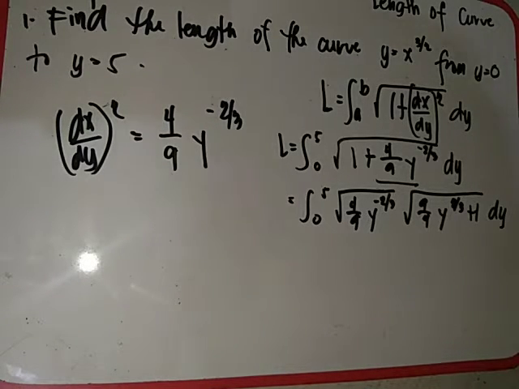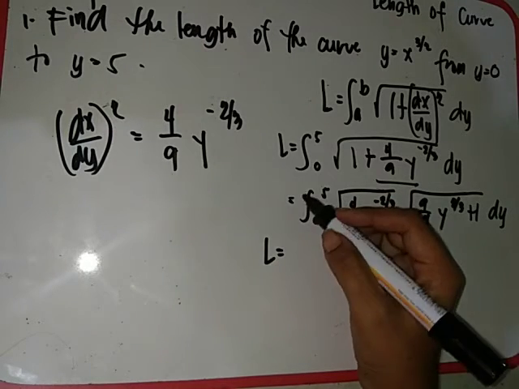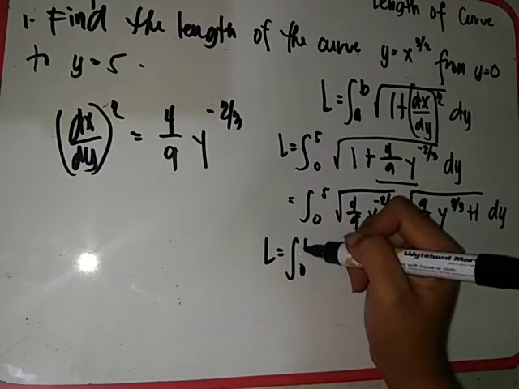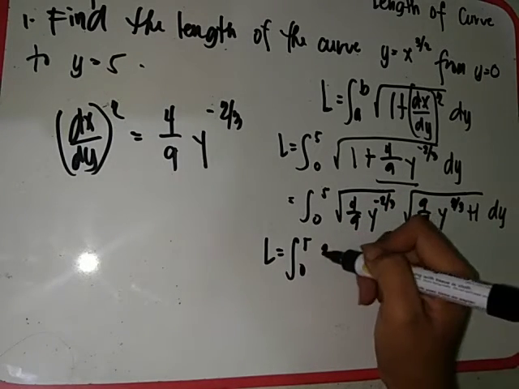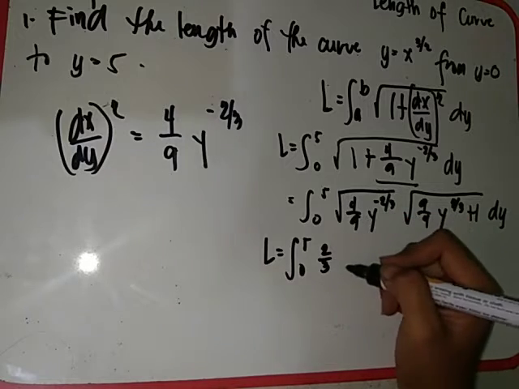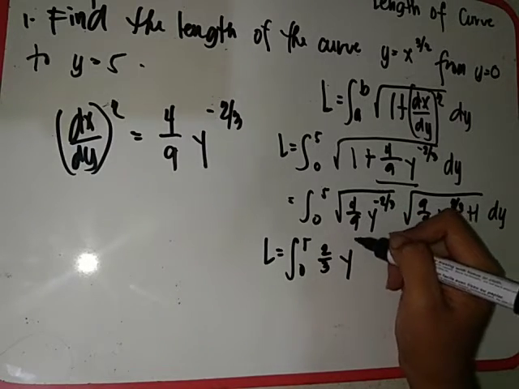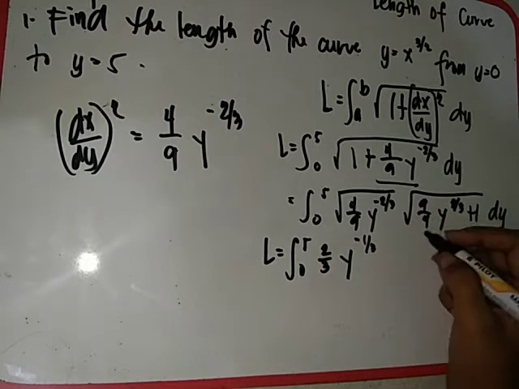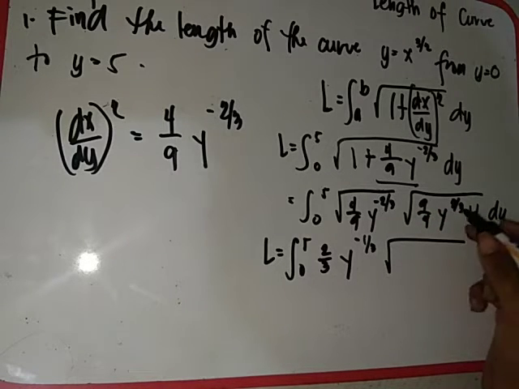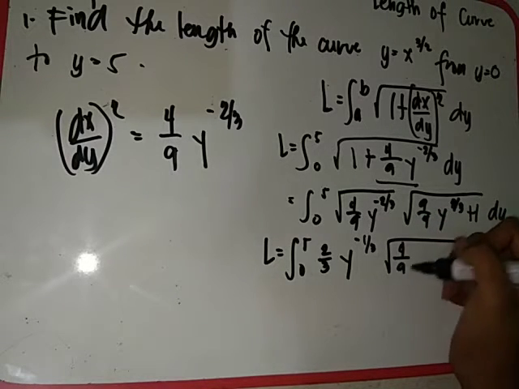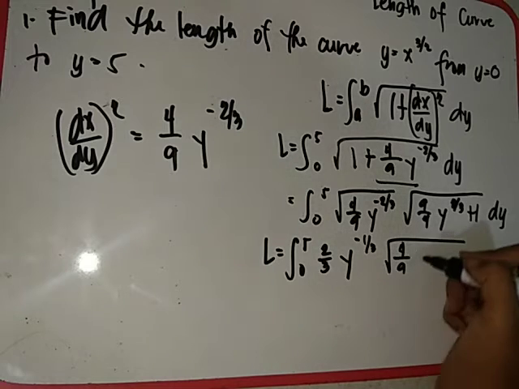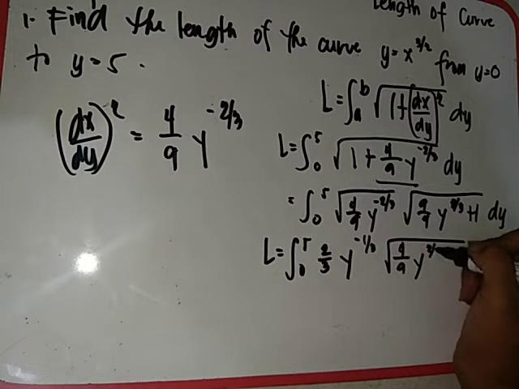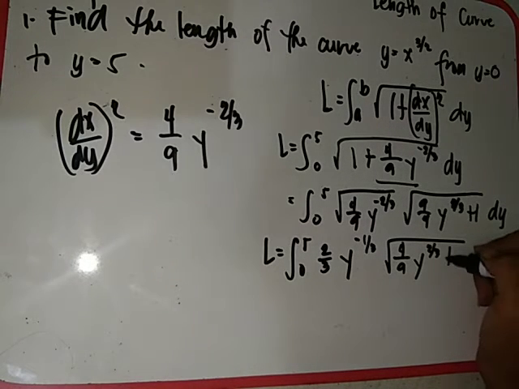So we have the length is equal to the integration from 0 to 5 of 2/3 y raised to negative 1/3 times the square root of 9/4 y raised to 2/3 plus 1 dy.